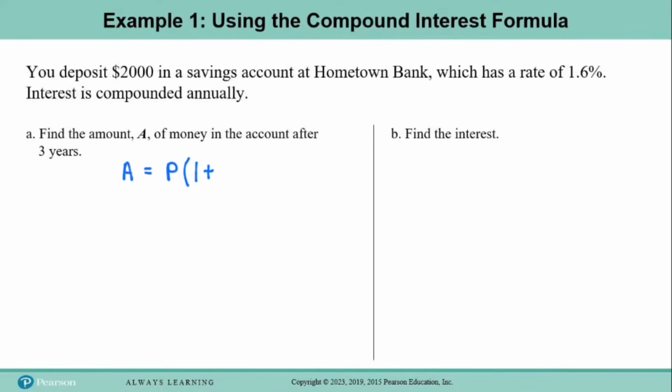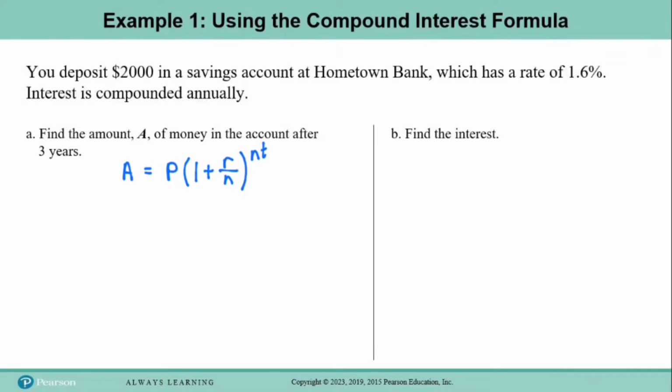And so let's get our formula written down. We know that A is equal to P times parentheses 1 plus R over N, close parentheses, raised to the N times T power. Now from the problem we know that P equals 2,000. Let's write down our interest rate and convert that to decimal form.